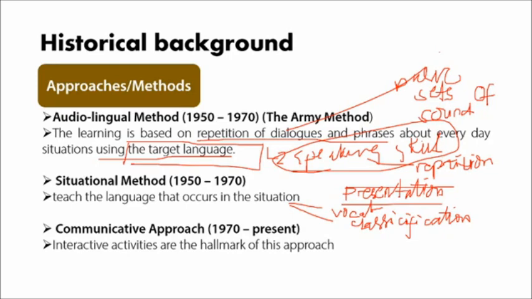As teachers, our responsibility using this approach is to give students as much opportunity as possible to give and receive meaningful communication. For example, you let your students introduce themselves and share their hobbies using the target language.